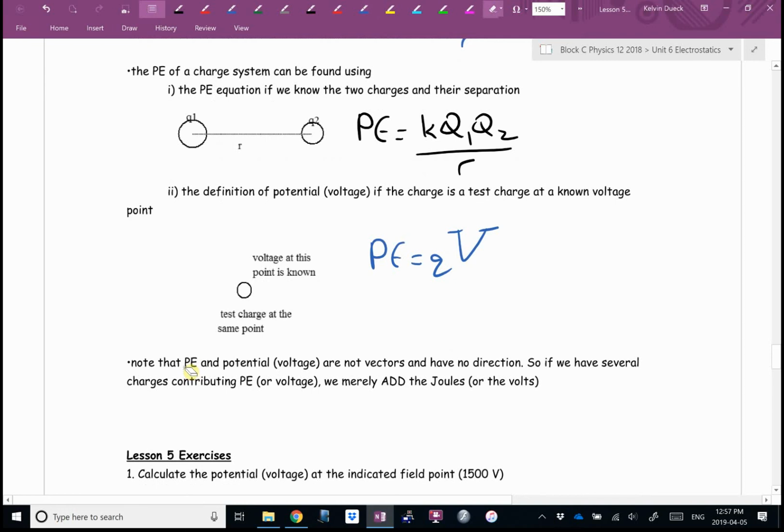Little note, potential energy and potential are not vectors. They have no direction. So if we have several charges, add them up. No tip to tail, no trig, just add them up. Be aware, though, that some might be negative if you're dealing with negative charge. Is that okay?